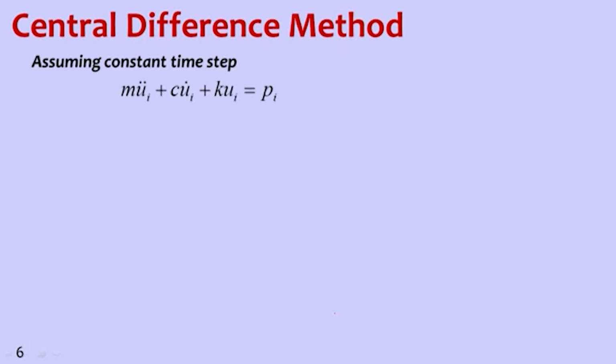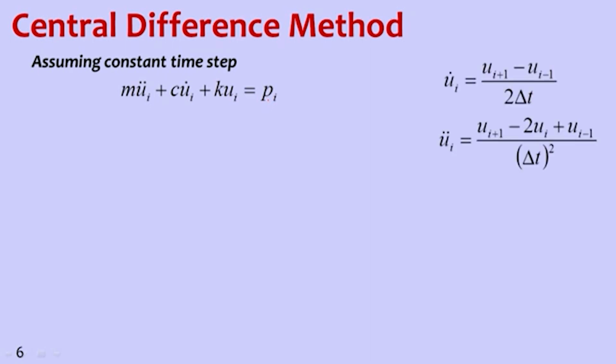So assuming a time step at any time t equal to t i at ith time step, m u double dot i plus c u dot i plus k u i is equal to applied force at that time instant. We already know that velocity can be represented in terms of displacement, acceleration also can be represented in terms of displacement.